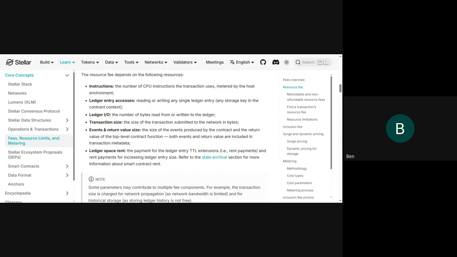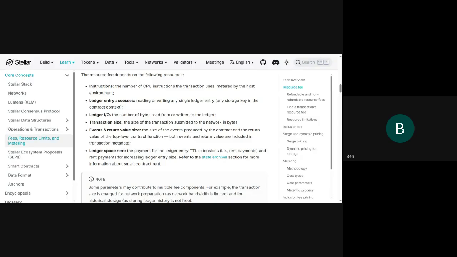So all the instructions that you use, the number of CPU instructions on the smart contract, the ledger entry accesses, reading or writing any single ledger entry. It also includes another important thing to see: the event and return value size. So the size of the event produced by the contract and the return value of the top level contract function.